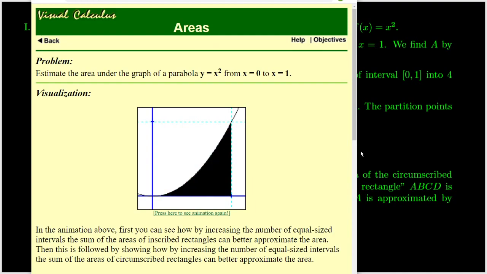I'm going to play the animation very shortly, but the first thing we do is to use the sum of the areas of many rectangles to approximate the area of the shaded region. Can I call the shaded region a curved triangle? You have three sides. That side is a curved side, and you have two straight sides. I'm going to call the shaded region a curved triangle.